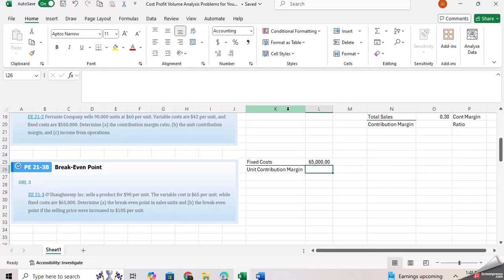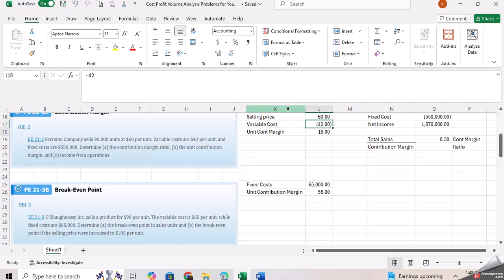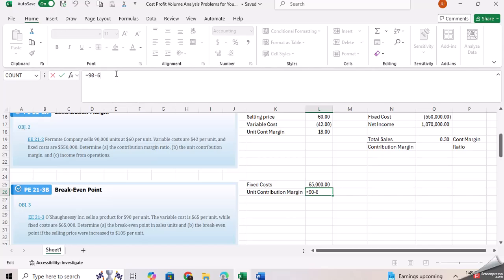Our unit contribution margin is the $90 minus the $65, which gives us a contribution margin of $25.